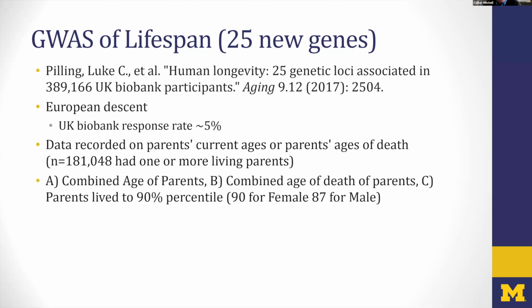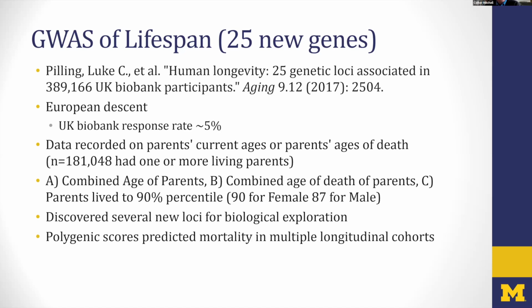So they used kind of a triangulation method of having highly related phenotypes or outcomes. So they had the combined age of the parents if they were living, the combined age of death if they had died, if the parents had lived to at least the 90th percentile, which is age 90 for women, age 87 for men. And like I said, they discovered several new loci for biological exploration.